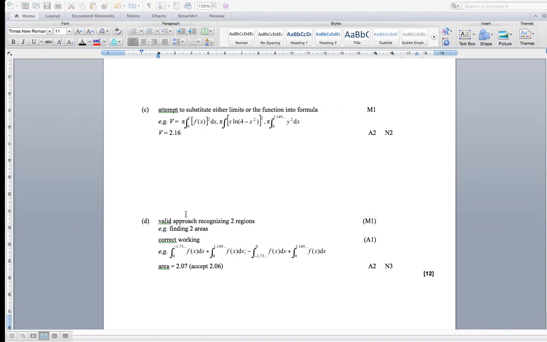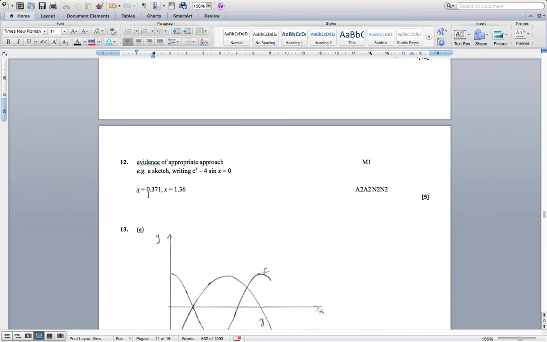Let me check. 0.371 and 1.36. Okay, as you can see, in case you write only the answers here, that is 0.371 and 1.36, you will get only 4 marks, students, out of 5. A2, A2.